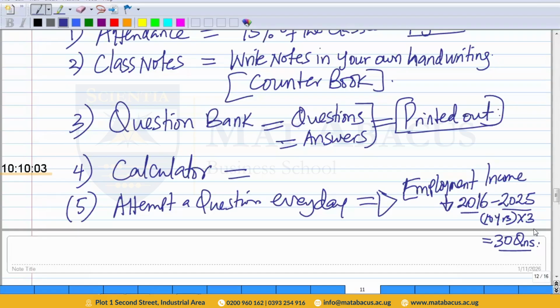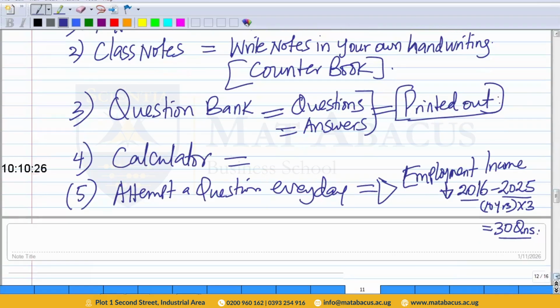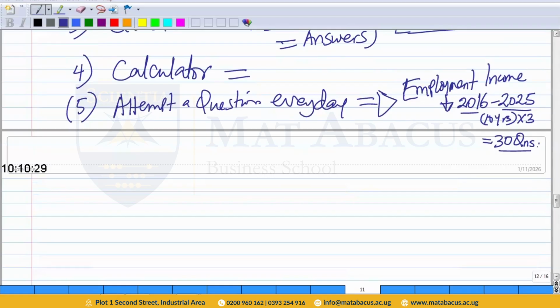If you are doing a question every day, it means by the next time we meet, you have done 7 questions. So if I've taught you employment income, you first read what I have taught you, the example I've given in class, and then also go to the question bank and pick 7 other questions. By the time you finish them, you have understood employment income. So there is no other way they can trick the question.